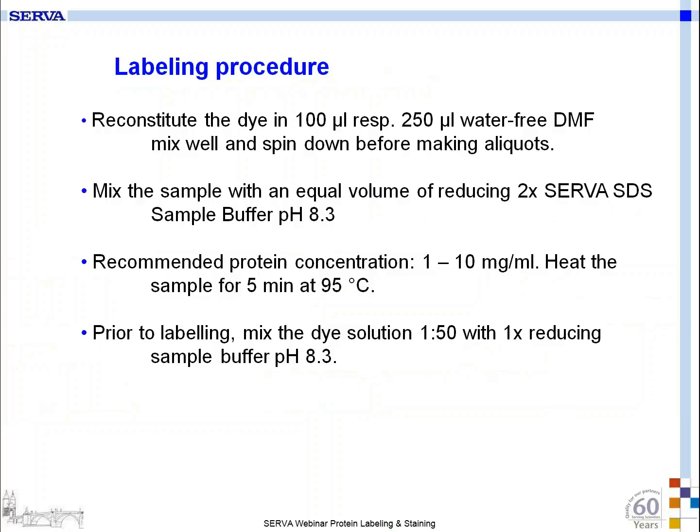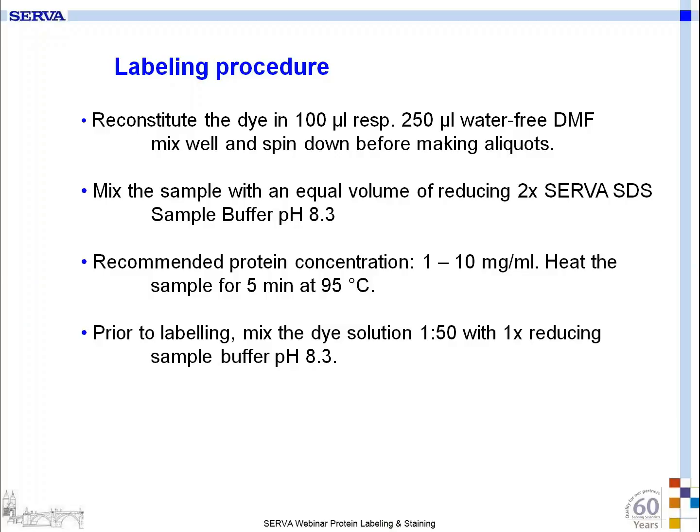And the labeling procedure is quite easy. So you reconstitute your dye in DMF that is delivered with the aliquots. You mix well, spin down every time. Then you mix the sample with an equal volume of your sample buffer.